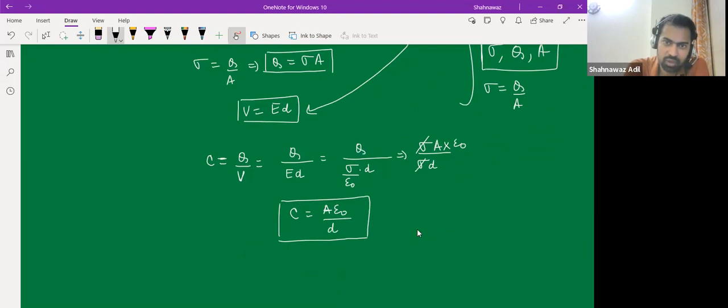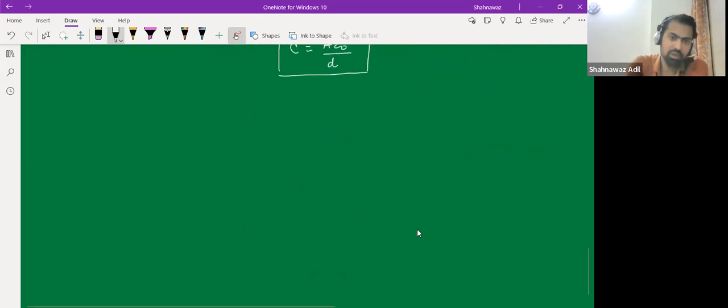Yes, sir. Okay, so now what we calculated, we had a parallel plate capacitor, right? And we saw that only the electric field inside this region survives. Outside, this portion cancels out.